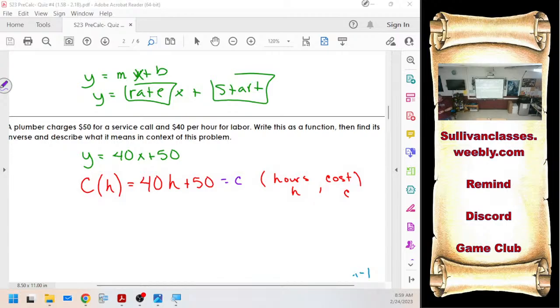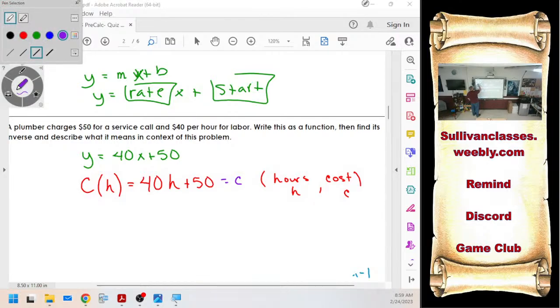I just solve for the other one. Because if I swap these variables, I'm going to end up swapping the meaning of them. Like I'm going to be saying C means hours and H means cost if I actually swap these. So really what I want to do is just get H by itself.